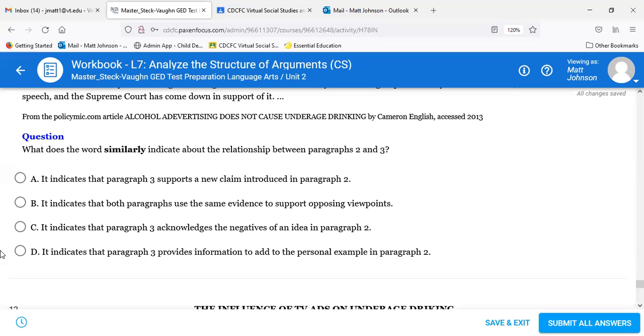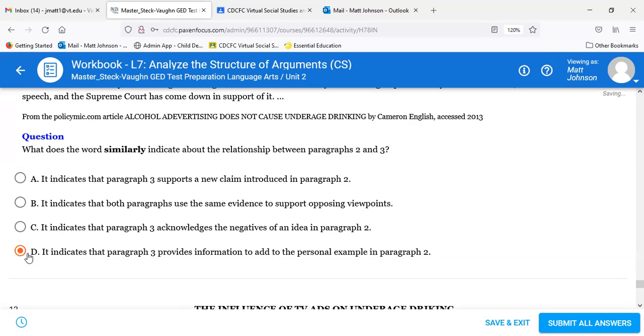C, it indicates that paragraph 3 acknowledges the negative of the idea in paragraph 2. And D, it indicates that paragraph 3 provides information to add to the personal example in paragraph 2. D? Yep, 11 is D. It indicates that paragraph 3 provides information to add to the personal example in paragraph 2.